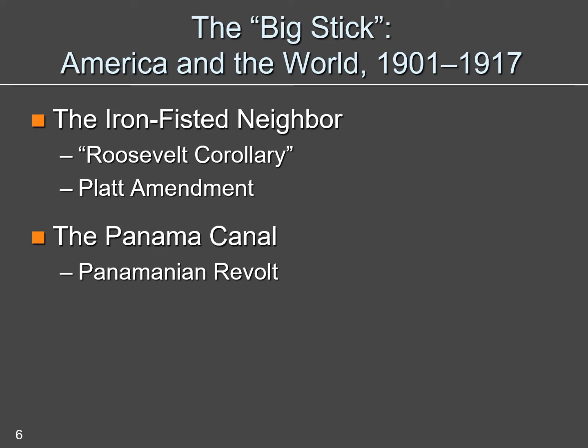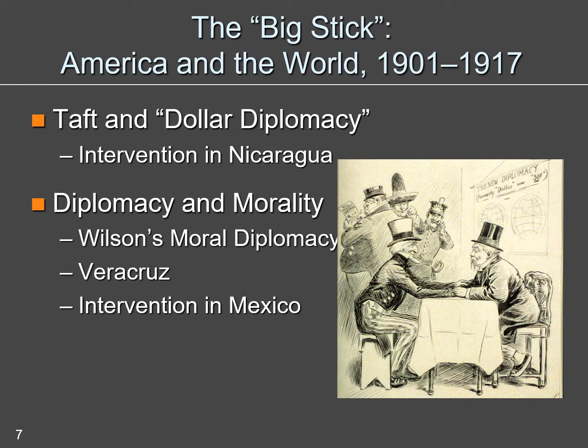So he sponsors a revolt in Panama, encourages the Panamanians to revolt, parks the USS Nashville down there to make sure Colombia doesn't interfere. The revolt is successful. The U.S. immediately recognizes and then signs a treaty for 10 million to get the canal zone and payments out.